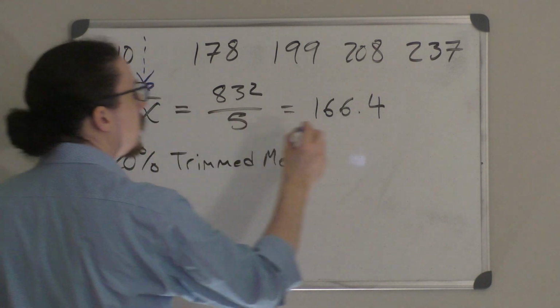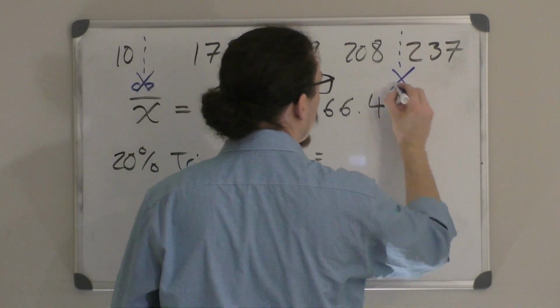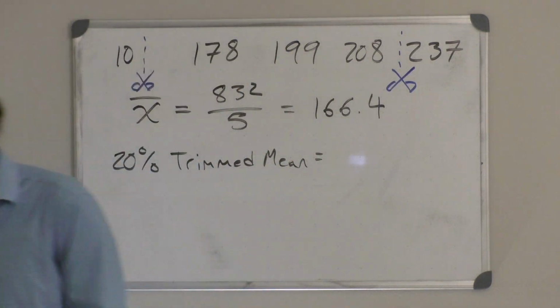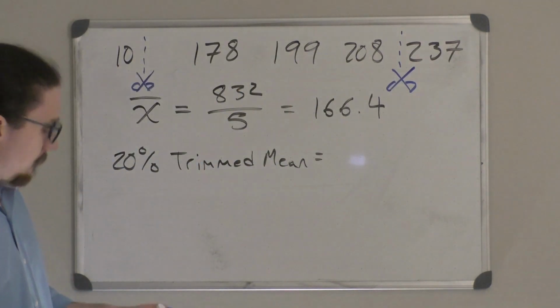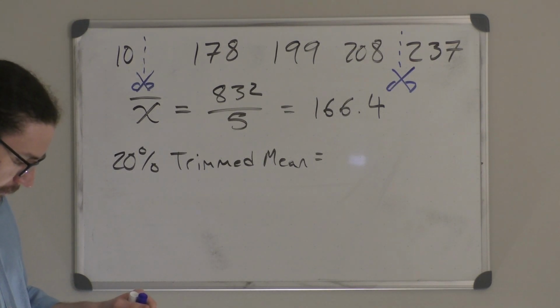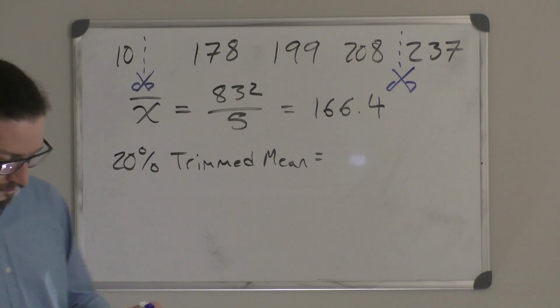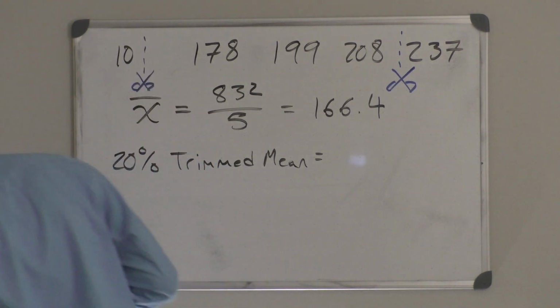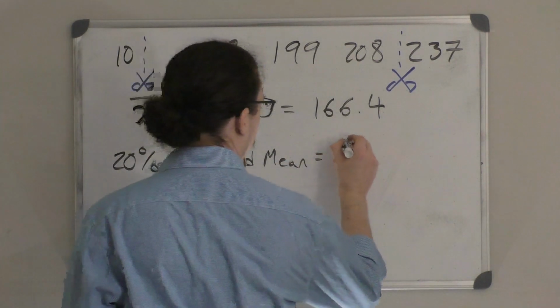We've got a whole number, so we don't need to round. We are going to be cutting the highest and lowest value, so we would be cutting the 10 and the 237.